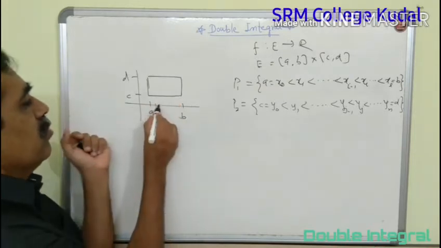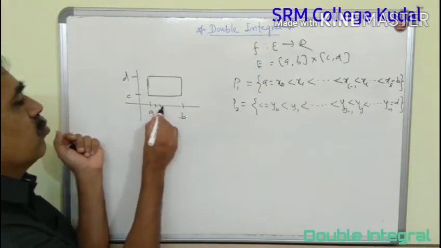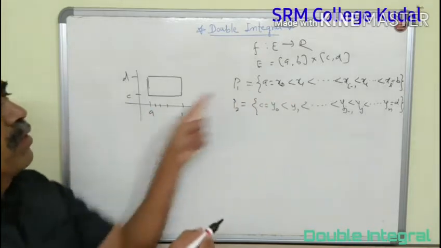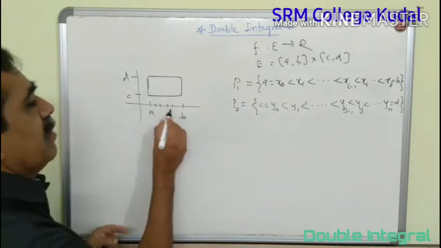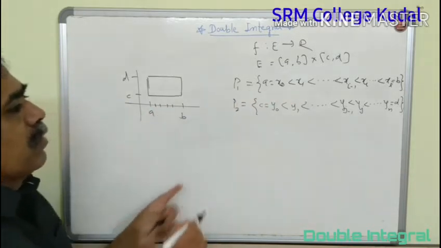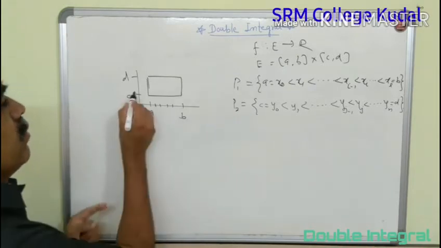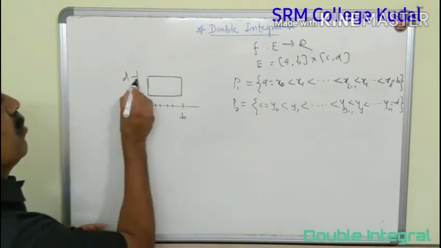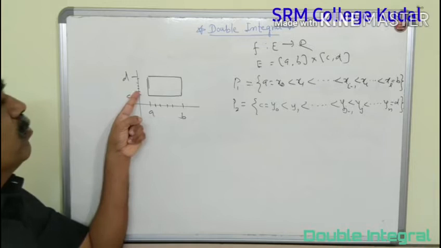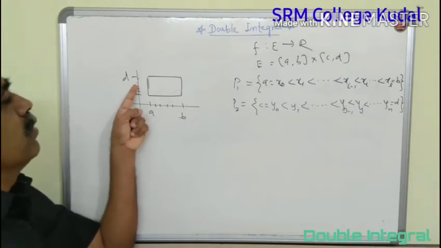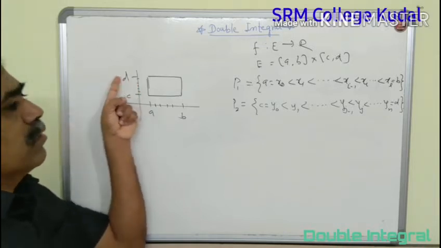So these are the points x1, x2, x3 and somewhere x(i-1), xi and so on. And this is the partition of CD. So this is y0, y1, y2 and y(j-1), yj, and this is nothing but yn.